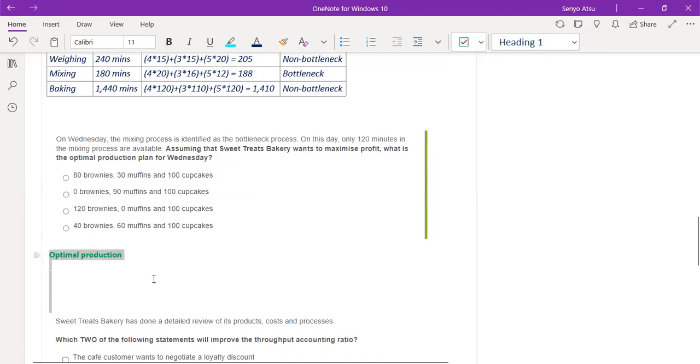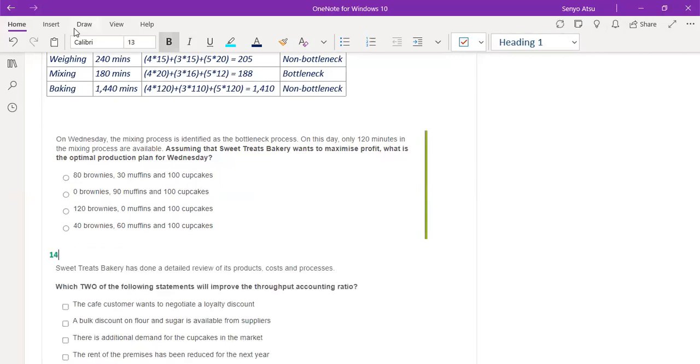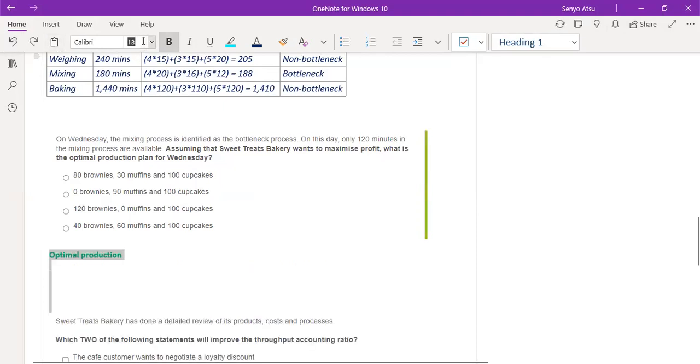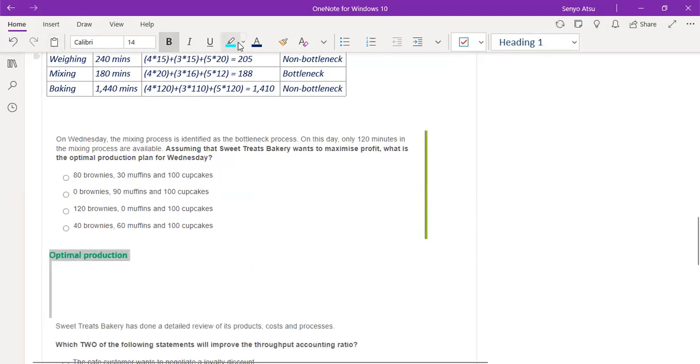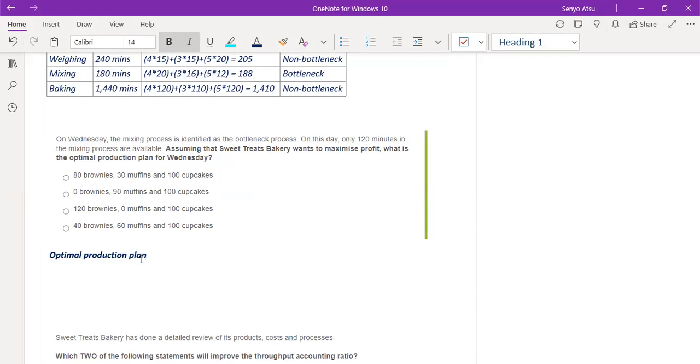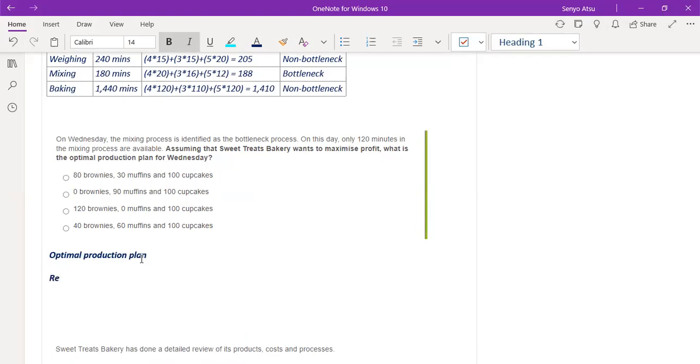In throughput accounting, what do we do? Just like in limiting factors, we have contribution per unit of that single limiting factor. Here also we calculate return per unit of the bottleneck.